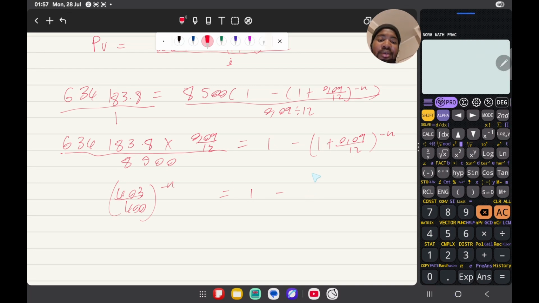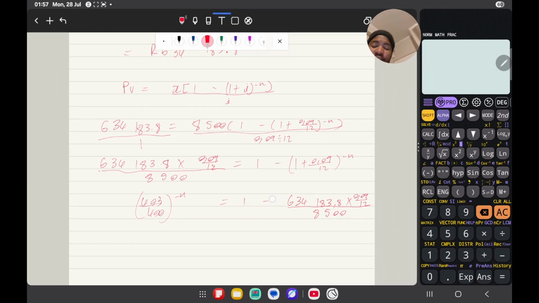Usually if I get big numbers like that, I would use logs. So with this case I can use log and say minus n is going to be log, with the base being 403 over 400, of 1 minus the product, multiplied by 500 close bracket.